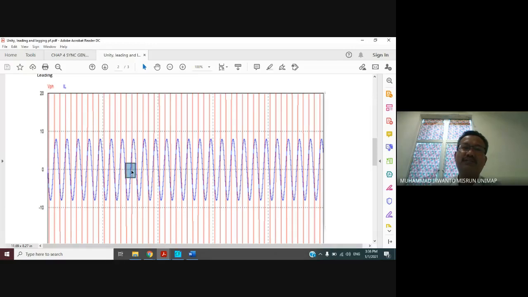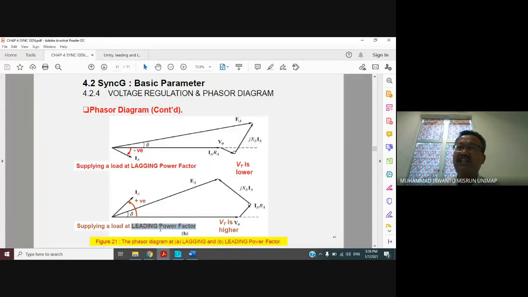The angle is the difference between voltage and current. Because the current leads, with the phase voltage as the reference, the angle is positive. How many degrees you can draw like this. This one is IA.